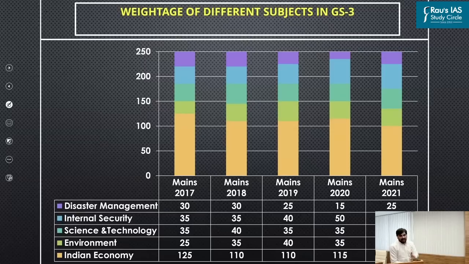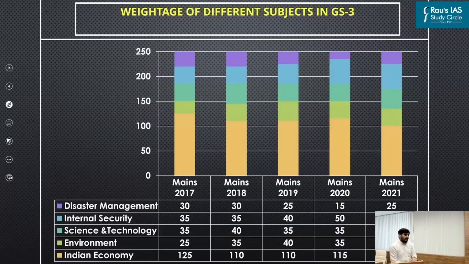And the same trend has continued in UPSC mains 2021 as well. This time we had 100 marks from the Indian economy. We had 4 10-marker questions and 4 15-marker questions: 4 into 10 is 40, plus 15 into 4 is 60, so 100 marks from the Indian economy.